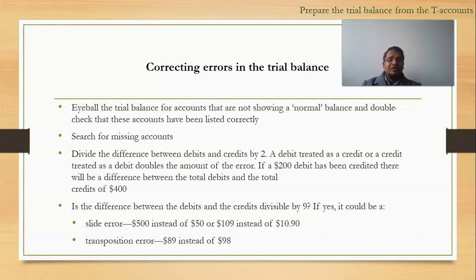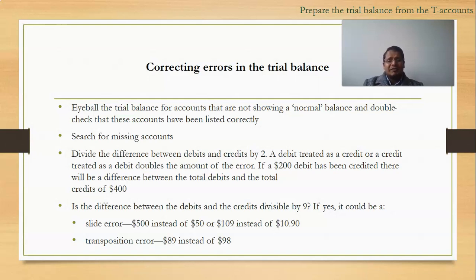A debit treated as a credit, or a credit treated as a debit, doubles the amount of the error. If a 200 debit has been credited, the difference will be 400. If you divide the 400 by 2, you get 200, and then see which 200 you didn't record. You can find it this way.